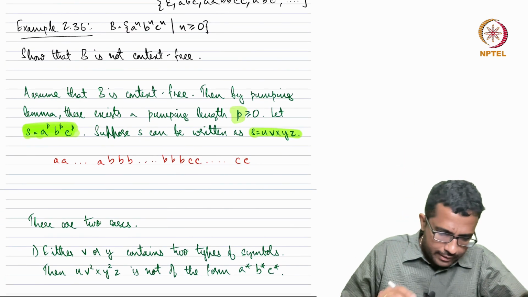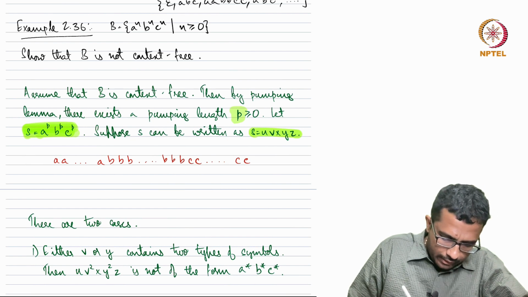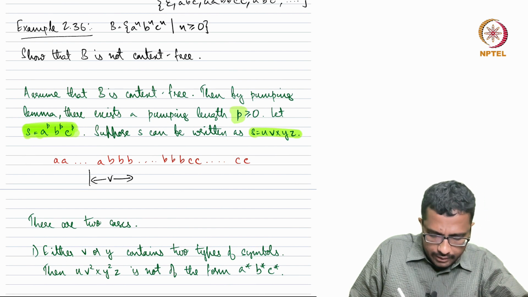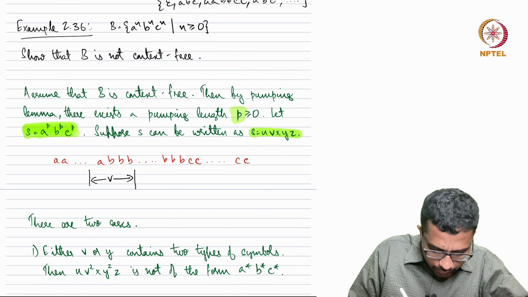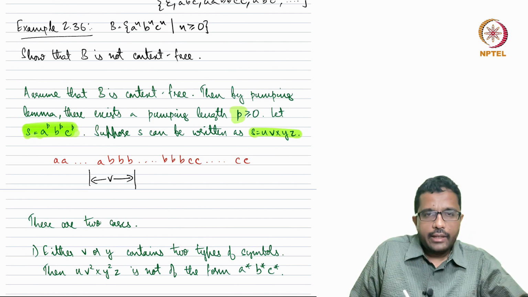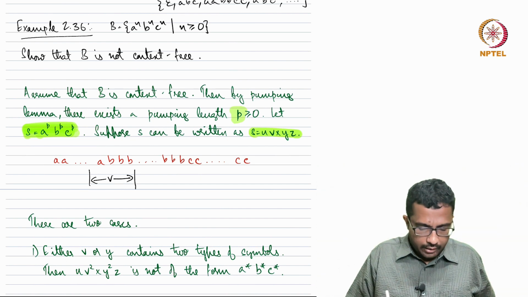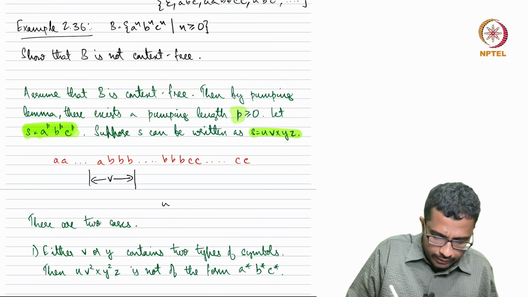So let's see, the first case is this. Suppose v ranges in this part of the string. When I say this part, I mean v spans both a's and b's. Now consider what will happen when I take u, v squared, x, y squared, z.